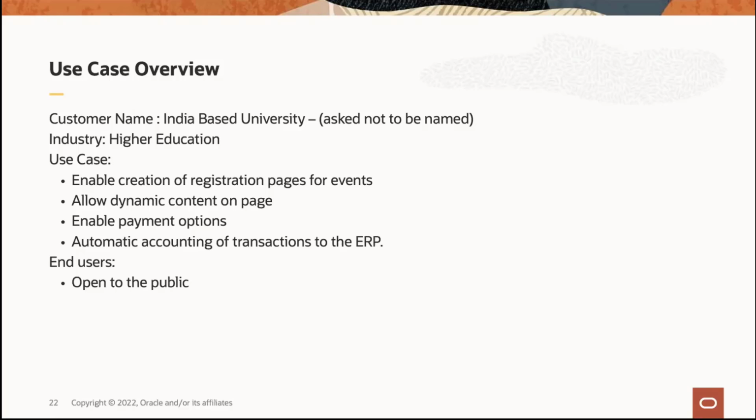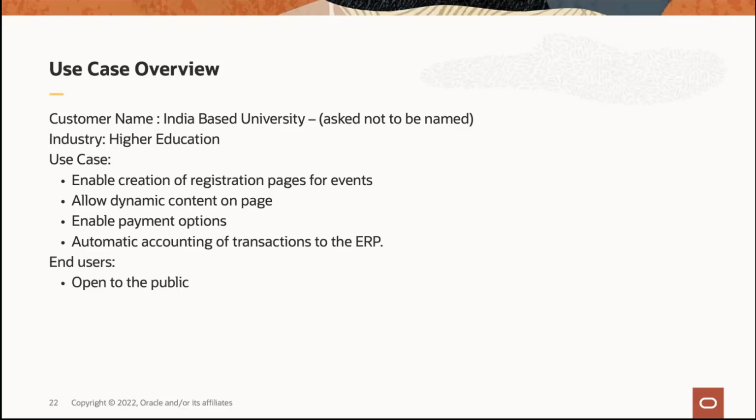So the problem we are trying to solve, at the customer's ask, is that they want to generate dynamic registration pages based on a registration for a particular conference. These dynamic pages should also be able to integrate with the payment gateway for any payments made by the customers.